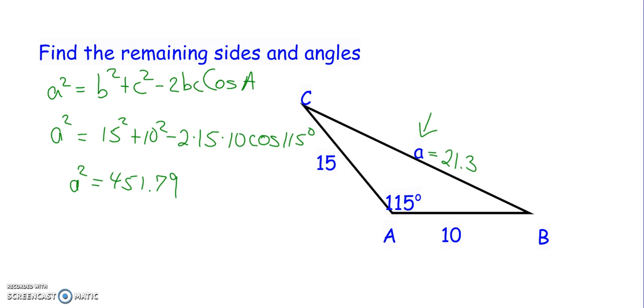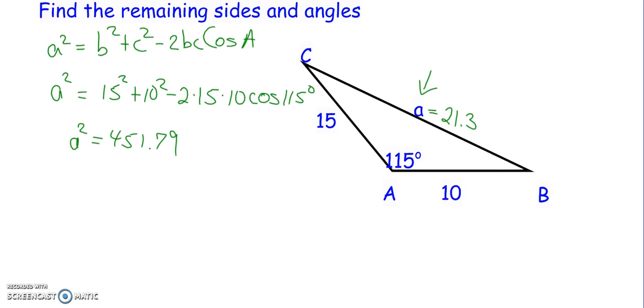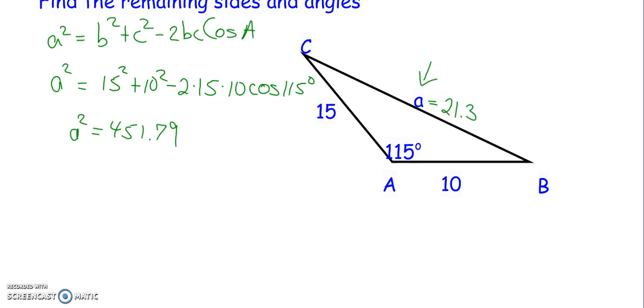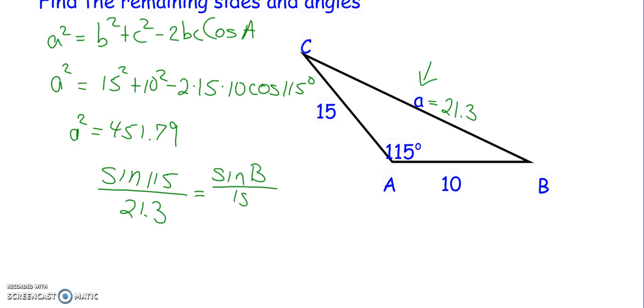Now that we have this information, we could use a variety of methods to come up with angles B and C. You could use law of sines. You could use law of cosines, but actually I think law of sines is a little easier. I would prefer to say sine of 115 over 21.3 is equal to the sine of B over 15. So here it's a cross multiplication.